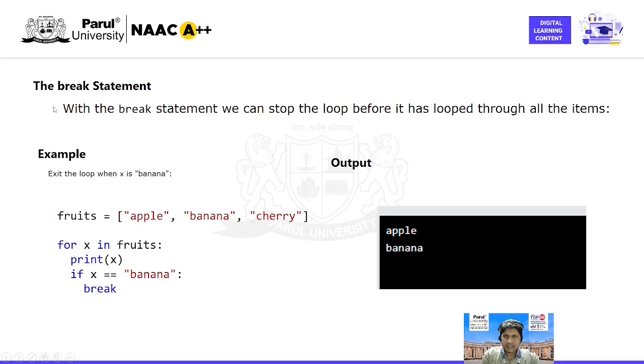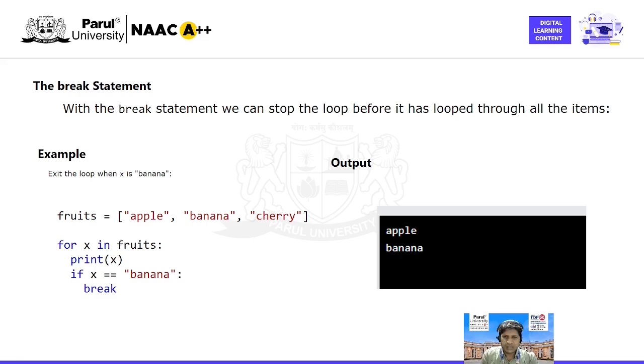Now the break statement. As you know very well, the break statement is used to stop or terminate the loop even if the given condition is true. Suppose, for example, you want to stop the for loop when banana is found in the list.